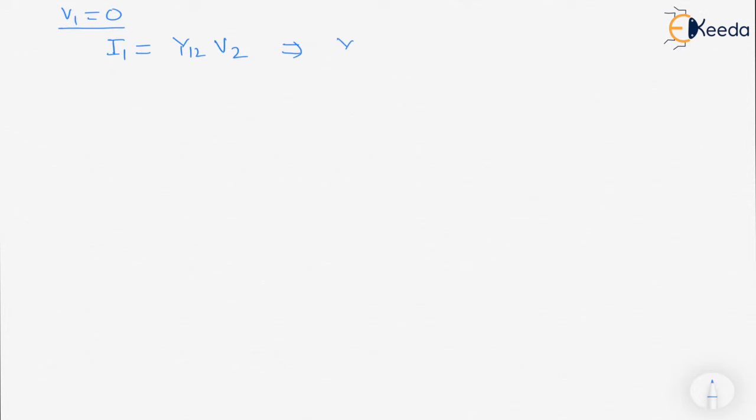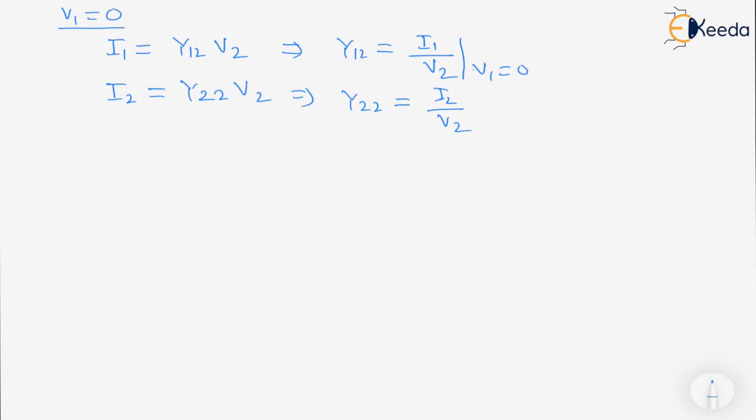From here y12 will be equal to I1 upon V2, and I2 can be written as y22 V2, which means y22 is I2 upon V2 when V1 is equal to 0.